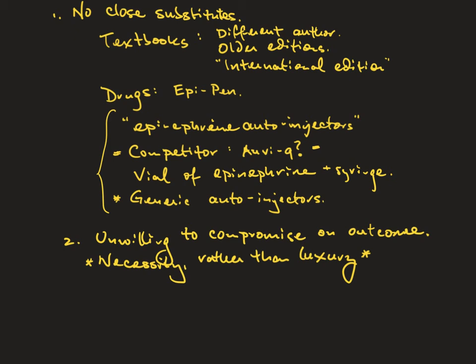Textbooks. Is the required textbook for a course a luxury or a necessity? It's essentially a necessity, at least in order to do well in the course. Now, that's why I first worded this the way that I usually think of it, unwilling to compromise on the outcome. I think of the goods we purchase as means to an end.